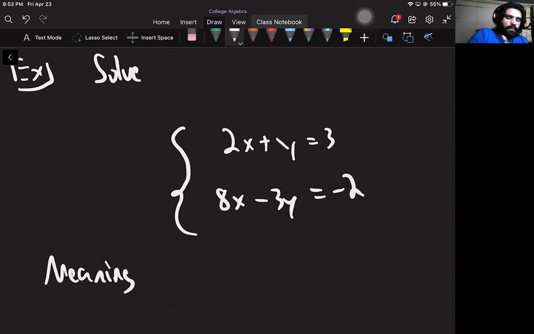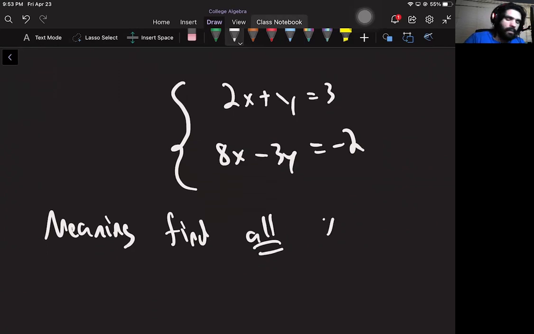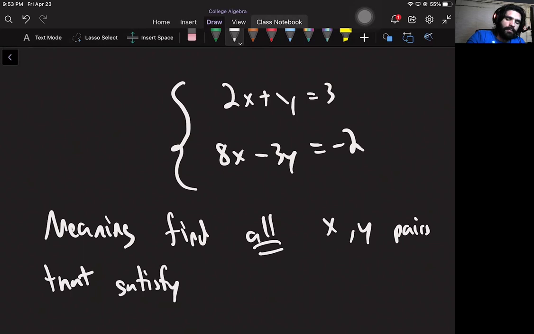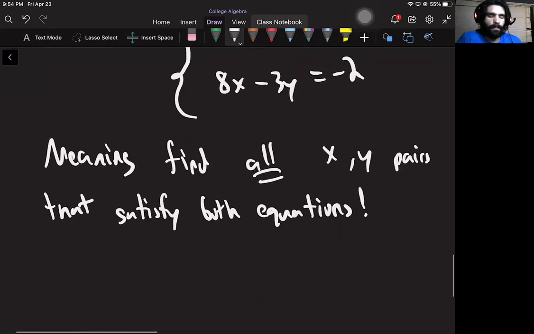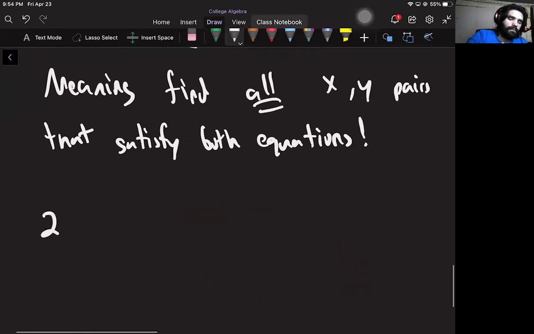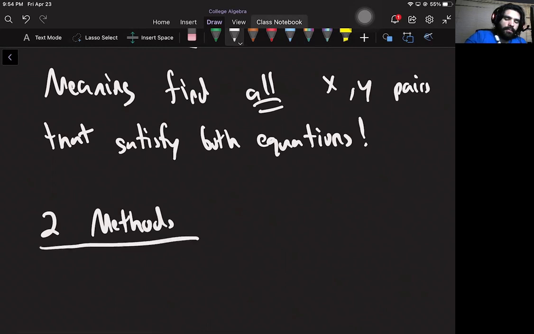Solve means find all x, y pairs that satisfy both equations. It's not good enough to satisfy one, got to satisfy both. And there's two main methods for doing this. That's what we're really learning about today, these two methods.